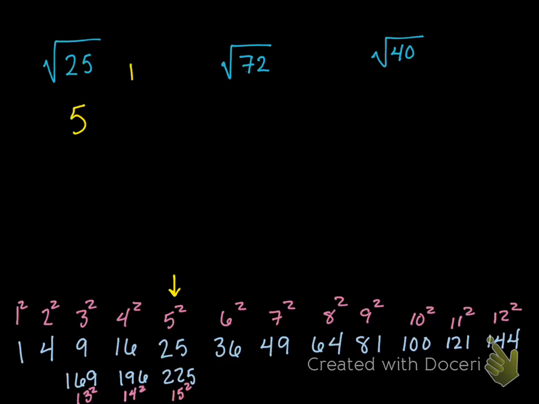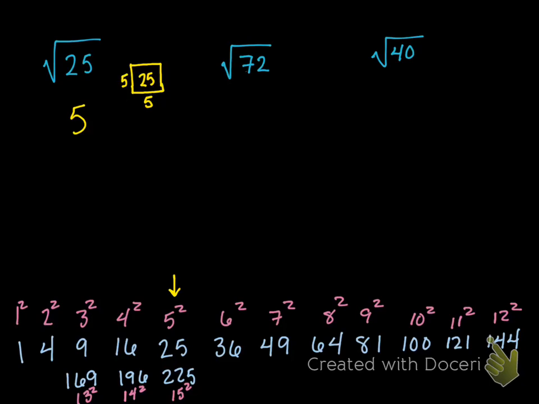And I like to draw a visual and say, when we're squaring something, we're finding the area of a square. Our area of this square is 25, and 5 times itself is that area. So when we're talking about perfect squares, we're talking about a number multiplied by itself, and the product of those two things is a perfect square.